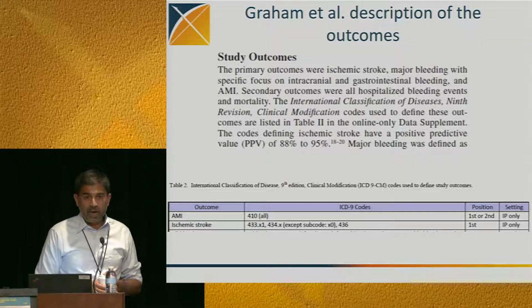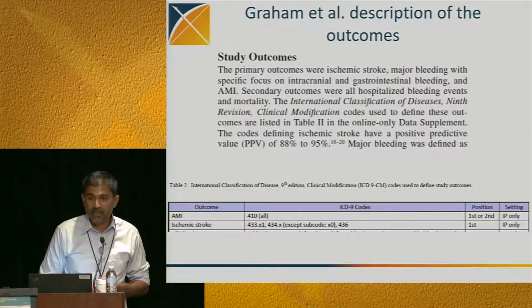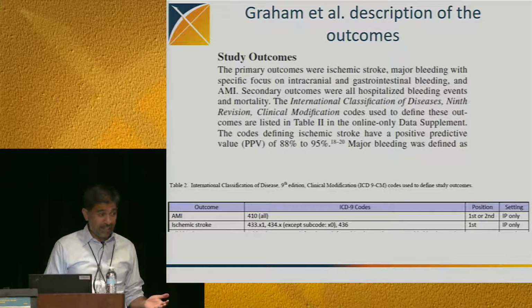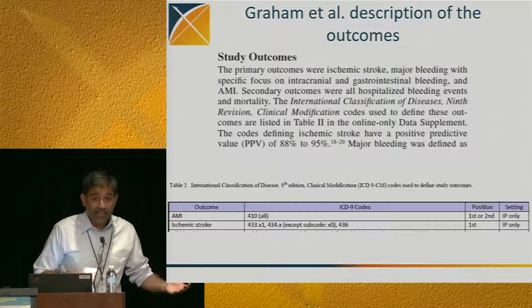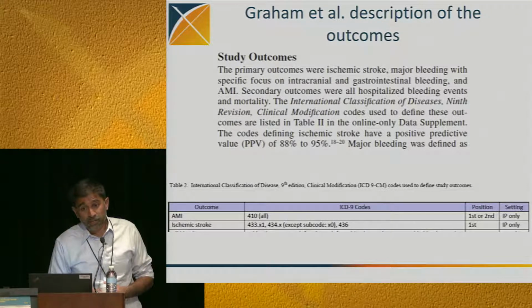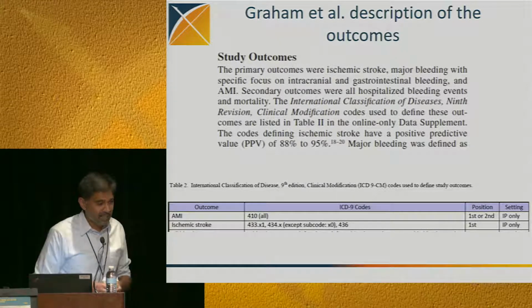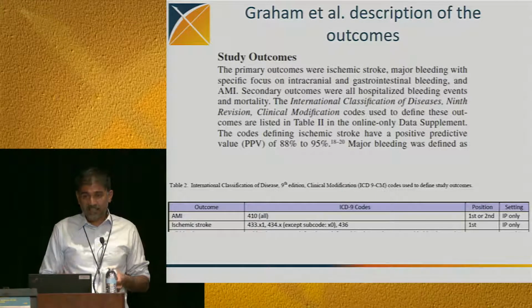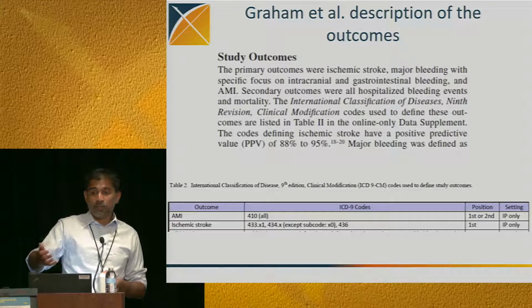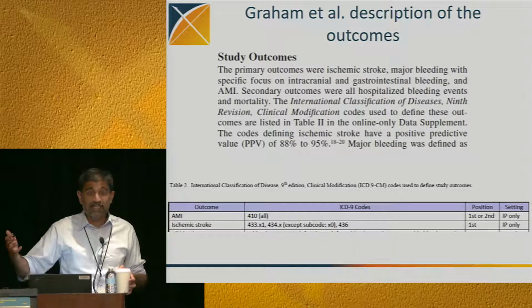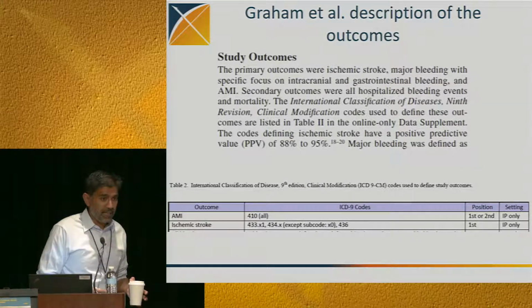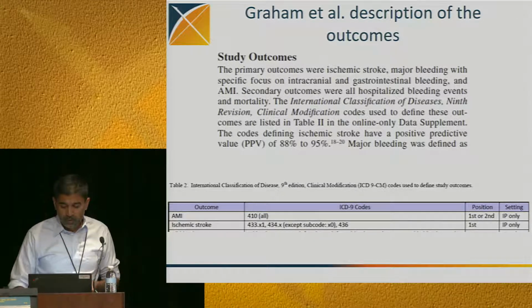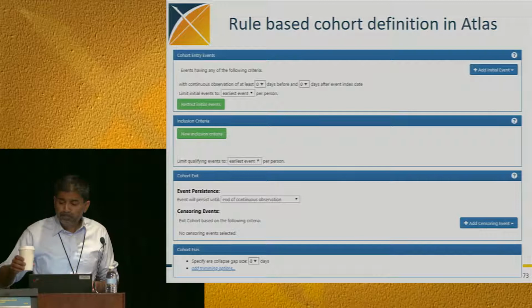Obviously, if you have a data source that does not have ICD-9 codes, you can't execute this study as is. You could crosswalk it to something else and standardize your data source and then use something like SNOMED. That's what Atlas does. So if you have a European data set that does not use ICD-9 codes and you standardize it with SNOMED, you could probably translate this and use this study.